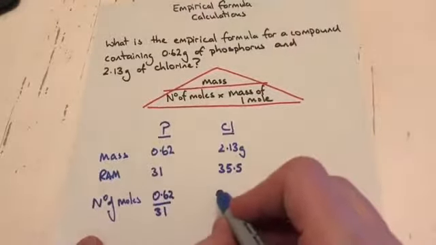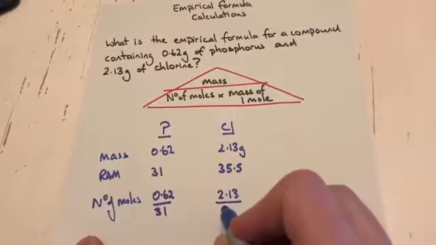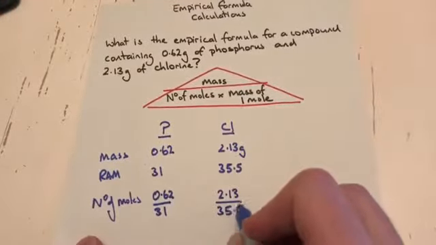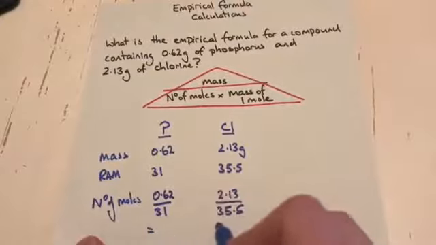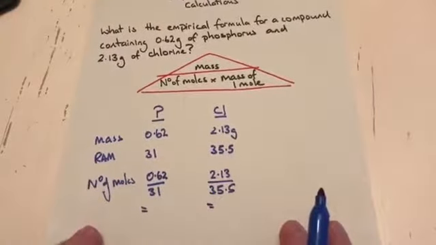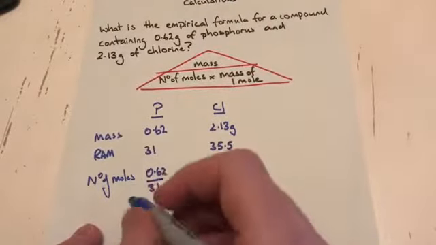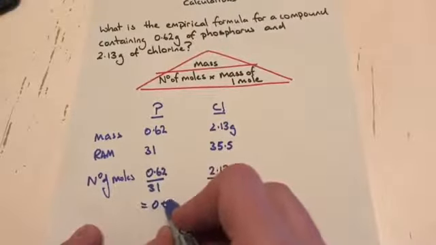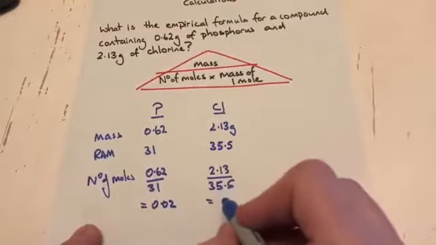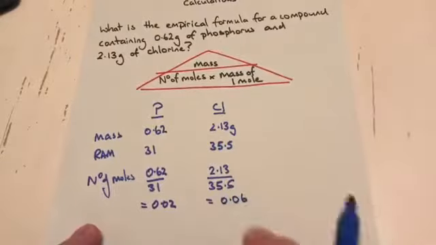And doing the same on this side, it's 2.13 divided by 35.5. So now it's time to get your calculators out. If you get your calculators out, you should be able to find that this is 0.02 and this side equals 0.06.